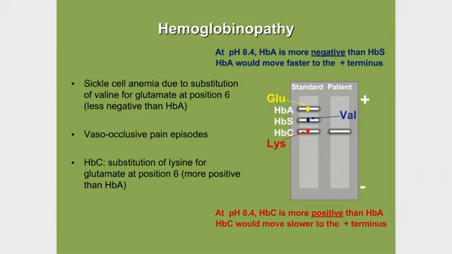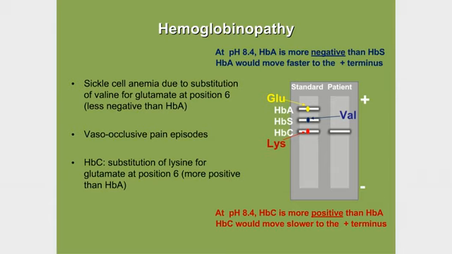So if we were to take a patient who has hemoglobinopathy, and we wanted to know, does that patient have hemoglobin S or hemoglobin C? All we got to do is take that person's hemoglobin and subject that protein to electrophoresis, and we would notice that in this particular example, this patient has hemoglobin C hemoglobinopathy, because that hemoglobin is migrating side by side to hemoglobin C in the standards on the left side.